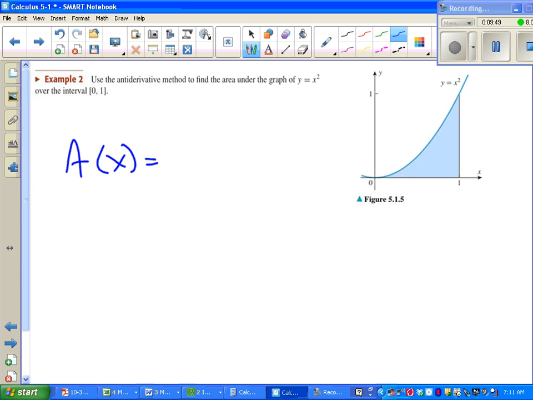As indicated in the previous slide, that really means we want to come up with some function whose derivative is x squared. That might take a little bit of time to think about, and we will learn some techniques later in this chapter to make this really easy, just like we learned shortcuts for derivatives. But go ahead and pause the video and try to think of something whose derivative is x squared.